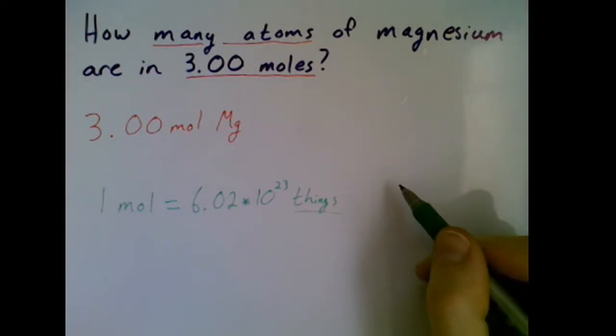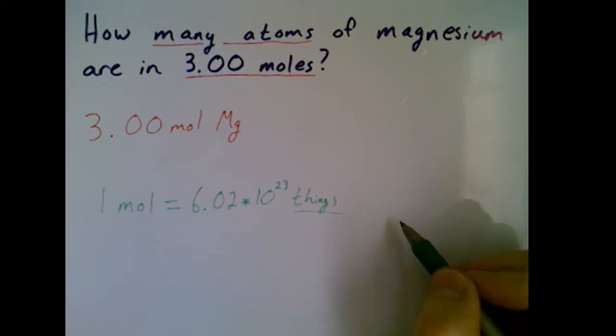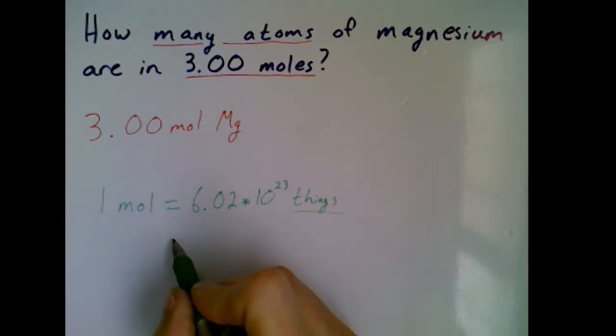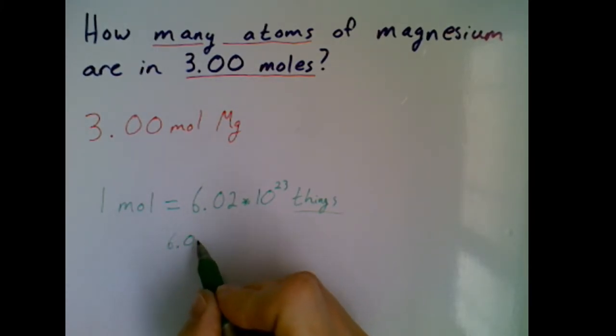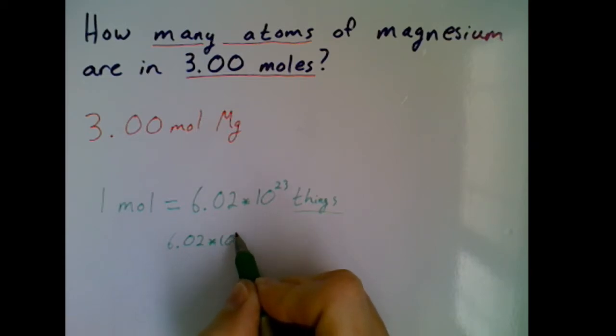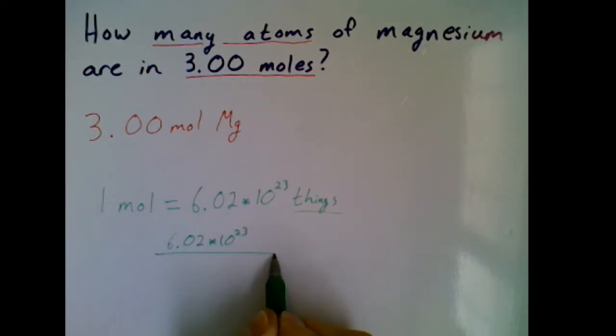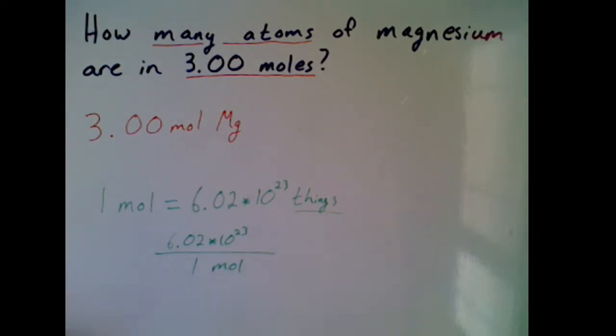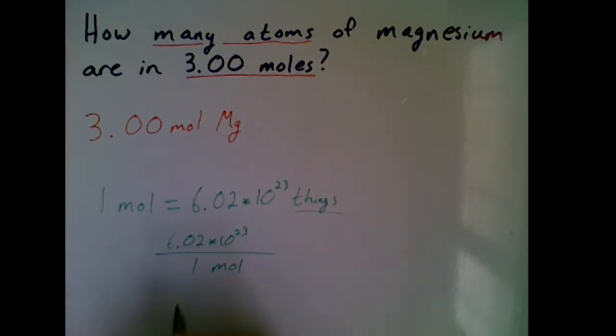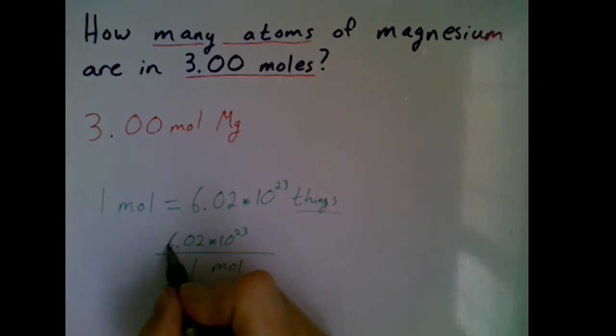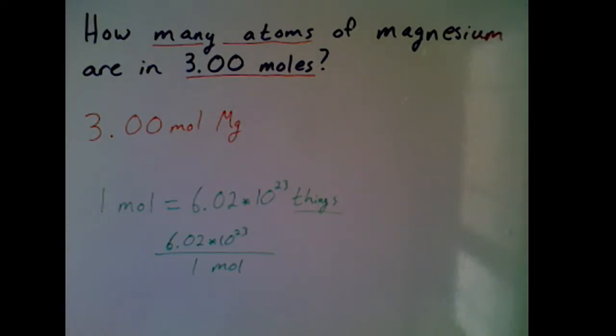So before, what we did is we turned our molar mass into like grams over moles. Well, we're going to do the same thing here. 6.02 times 10 to the 23 is the same as 1 mole. And so this now becomes a ratio that we can use to help us answer questions like this.